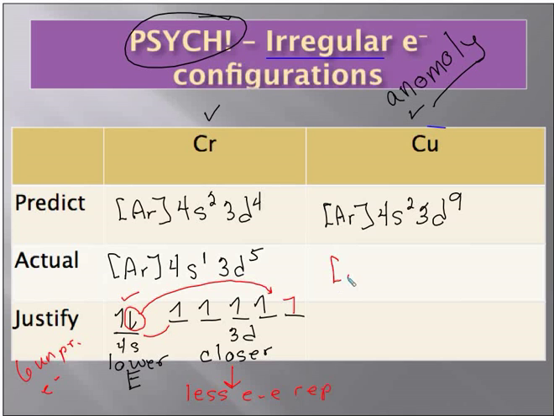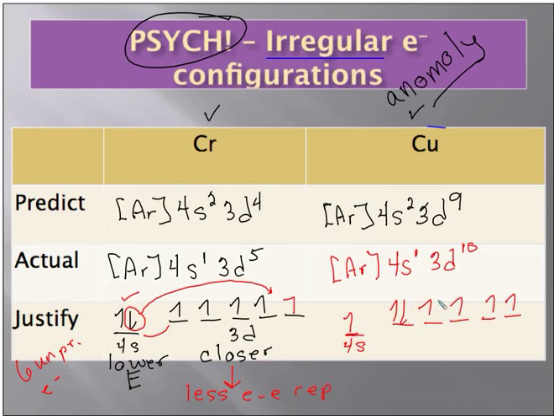Got to do copper fast or we're going to run out of time on our video. What we see with copper is a similar thing. It's a little harder to justify. You don't get quite the electron-electron repulsion issue that you have, but what we end up getting, so this is the 4s, 1, 2, 3, 4, 5.